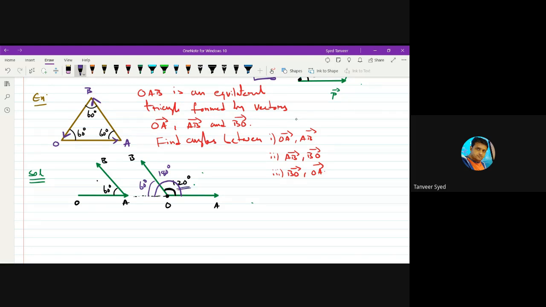So angle between OA and AB is 120 degree, not 60. Similarly, AB and BO, 120. BO and OA, 120. Right.